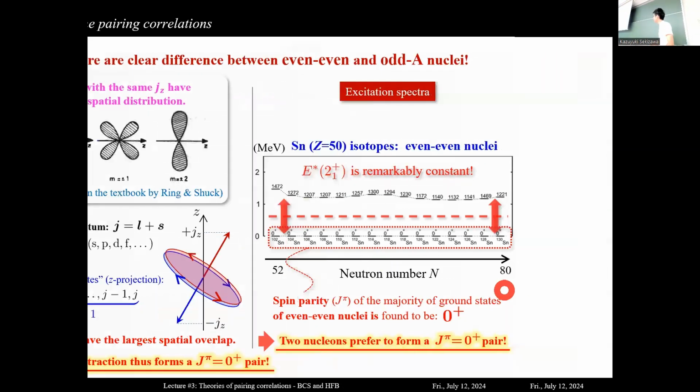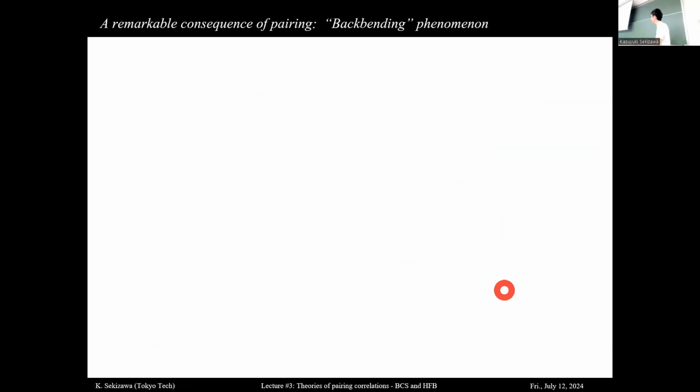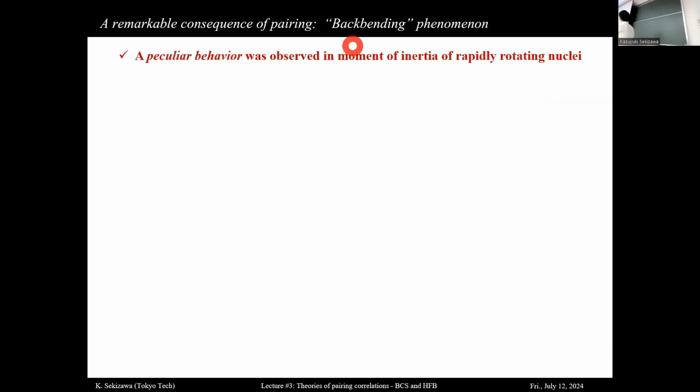So now let me show some interesting consequences of the pairing correlation. One of the interesting phenomena related to the pairing is the so-called backbending phenomenon. Okay, so let me explain what it is. This is the peculiar behavior observed in the moment of inertia in rapidly rotating nuclei.